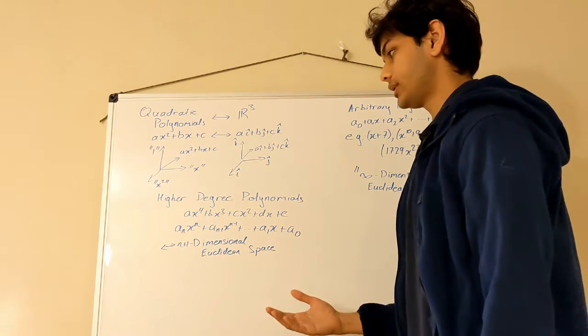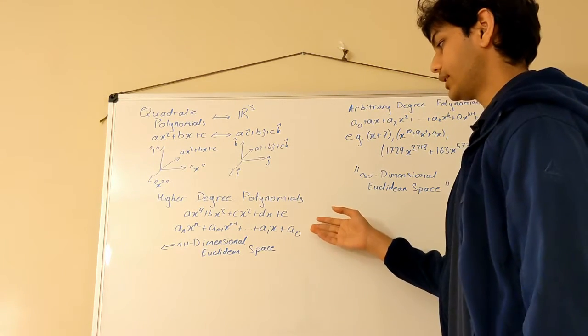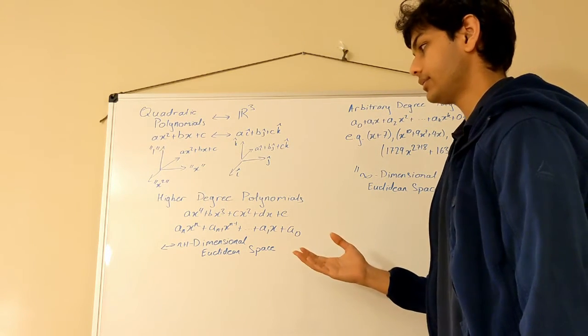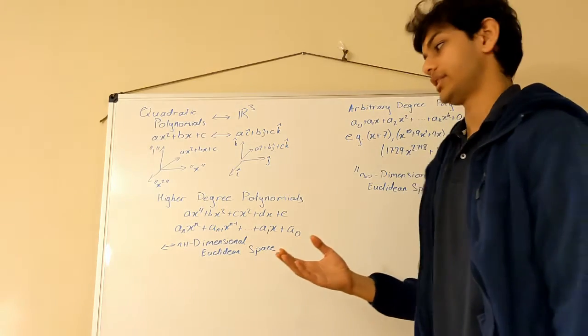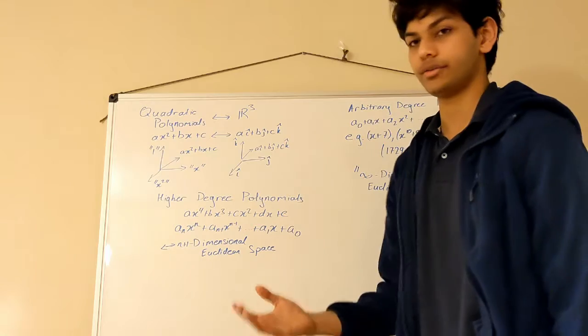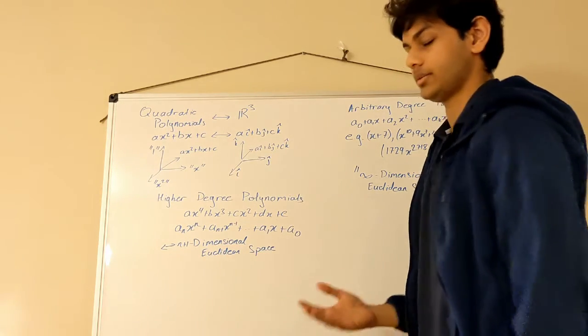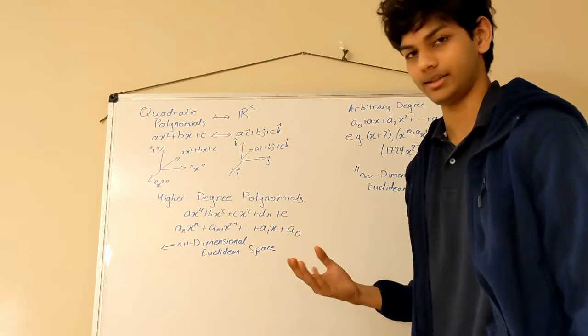And your space has a 0 vector, which you can add to any of these polynomials to get the vector itself. Those are pretty much all the conditions that you need for a vector space. And because you have n plus 1 coefficients that you can freely change, this is the same thing as an (n+1)-dimensional Euclidean vector space, if you could imagine things up that high.